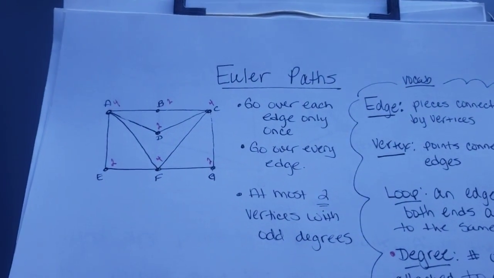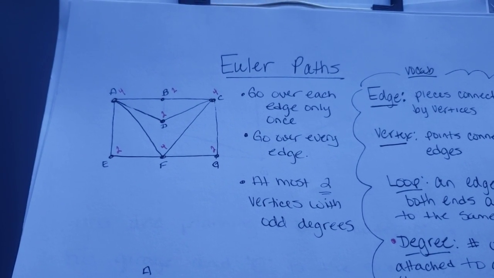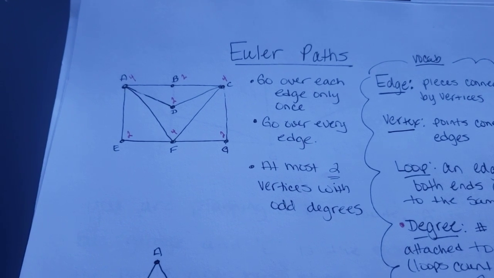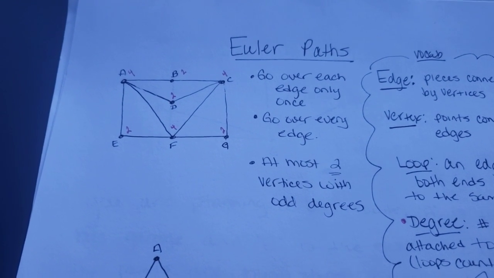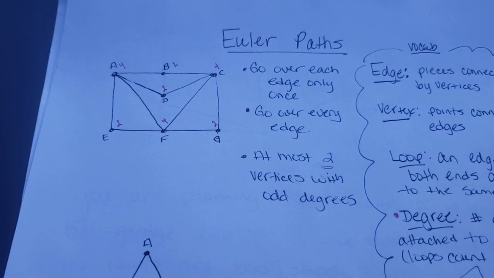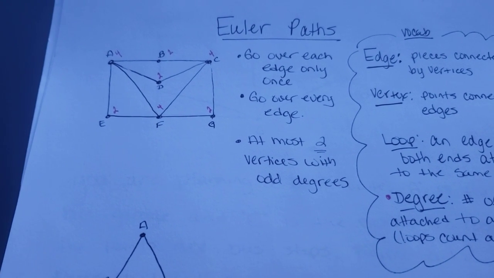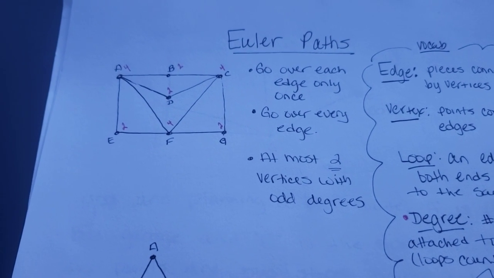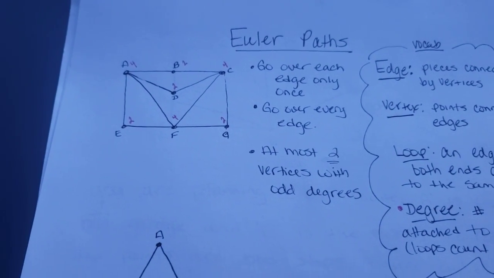Okay, so to be considered an Euler path, a couple of things have to happen. You need to be able to go over each edge only once, and you have to go over every edge. Also, you will know that this is possible because at most, you have 2 vertices with odd degrees.